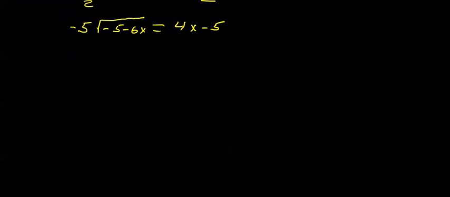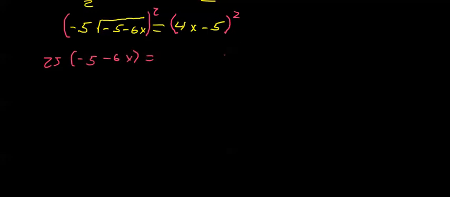Now, I'm going to square both sides. Again, parentheses are mandatory. And I end up with 25 times -5 minus 6x equals, and I've been multiplying these out, 4x minus 5 times 4x minus 5.